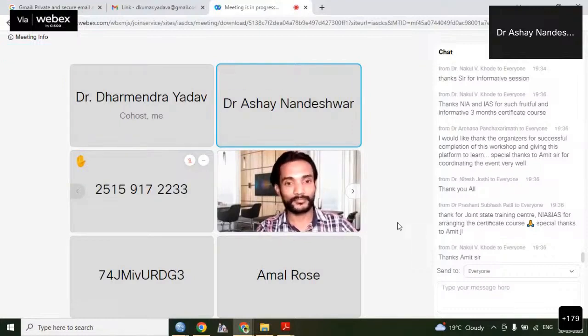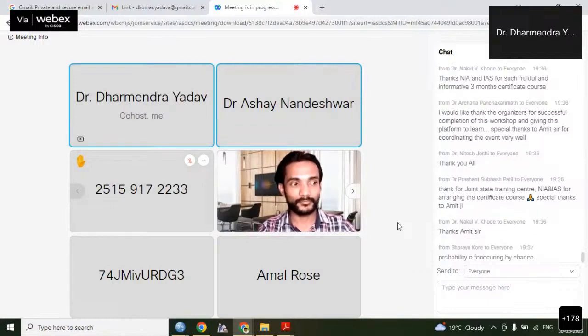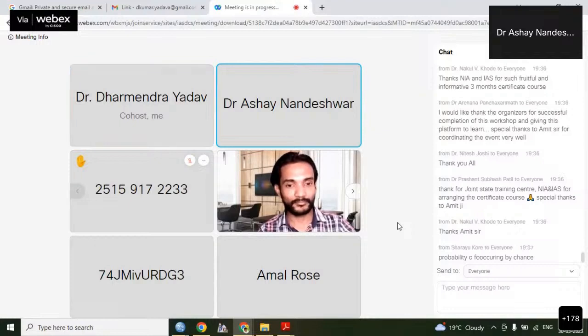But what is the reason behind this p-value? Level of significance is called alpha. Whatever values fall under this particular zone will be accepted, and this is called alpha.